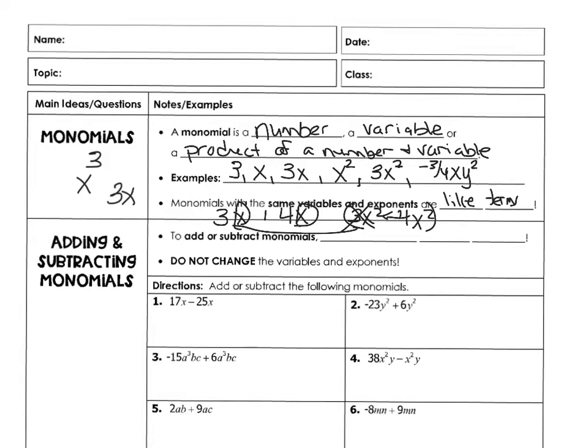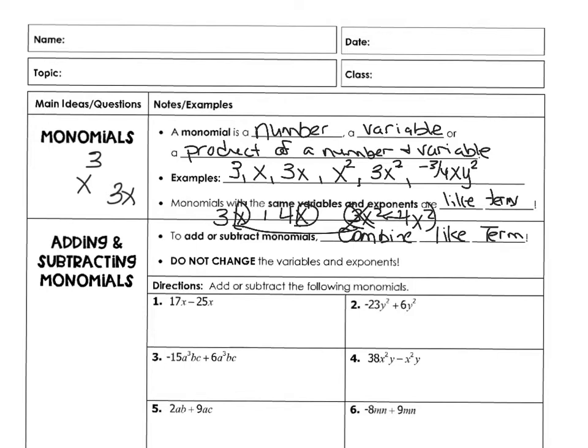Okay? All right, to add and subtract monomials, all you're going to do is combine like terms. So all you're doing is adding or subtracting the ones that have the same variable and exponent. So all you do is add and subtract their coefficients.